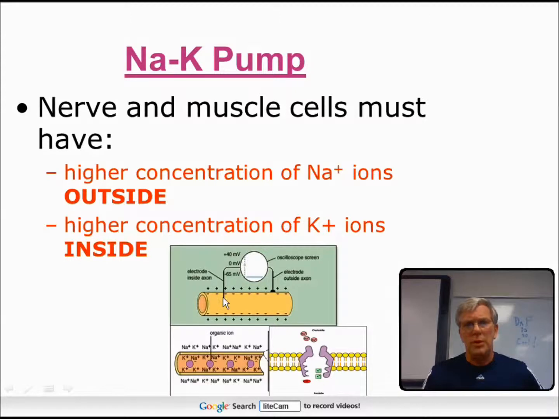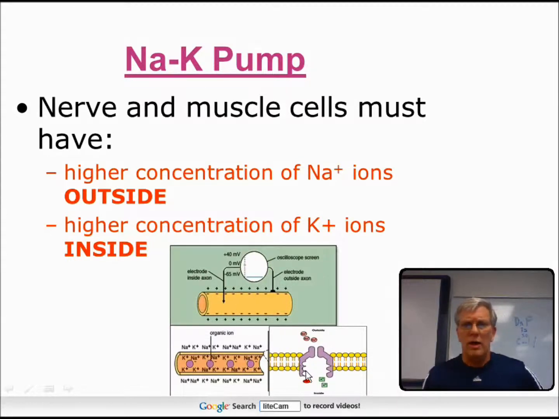Nerve and muscle cells, if you look at this picture on the top right here, have an excess of positive charges on the outside of their membrane and an excess of negative charges on the inside. The reason for that is because these sodium-potassium pumps will pump an excess of sodium ions to the outside, and we know that sodium is positive, and they'll pump potassium ions to the inside.